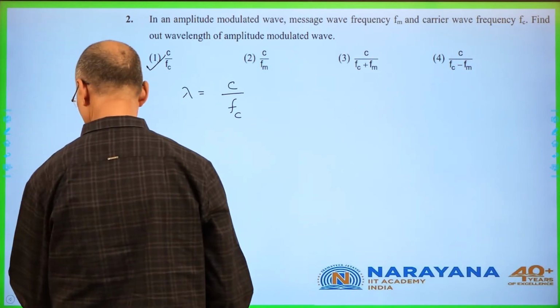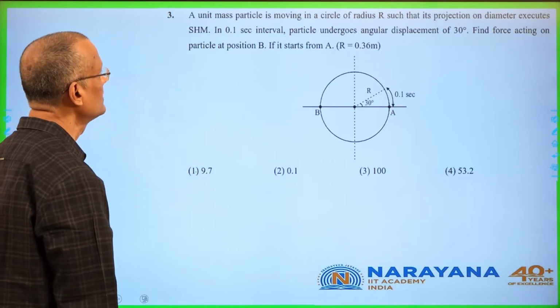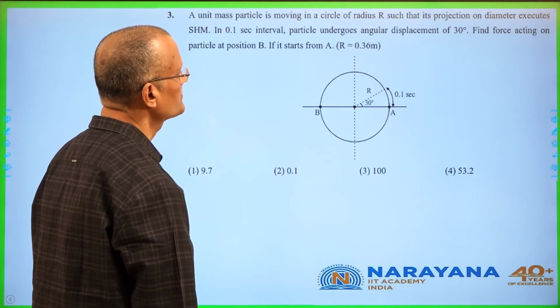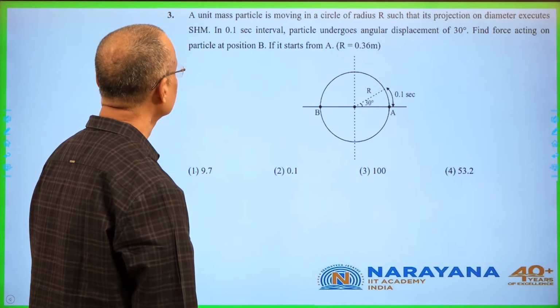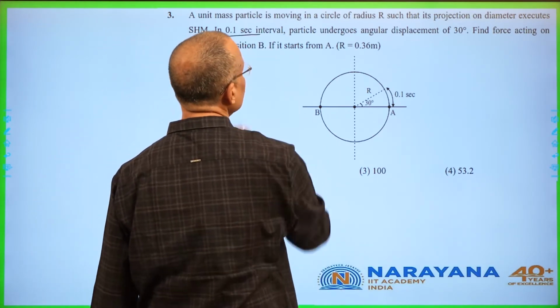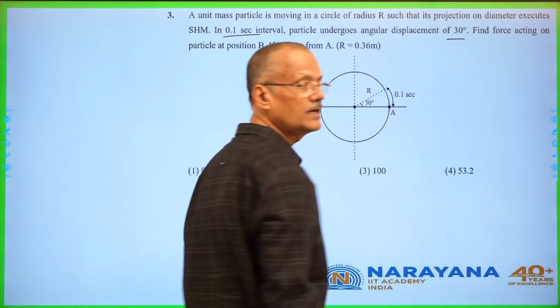Move to question number 3 now. A unit mass particle is moving in a circle of radius r such that its projection on a diameter executes SHM. They have given that in time 0.1 second, the angular displacement is 30 degrees.